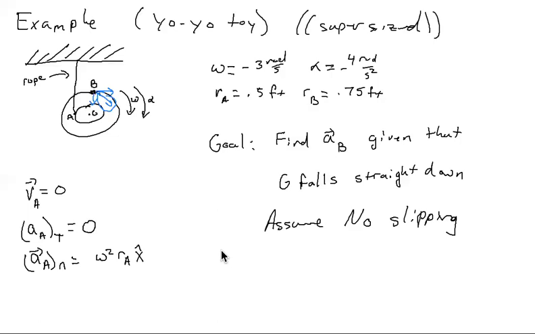We want to evaluate the acceleration. So let's write out our formula. Acceleration of B is the acceleration of A plus the relative acceleration, which is going to be plus alpha cross R relative to A minus omega squared RBA.